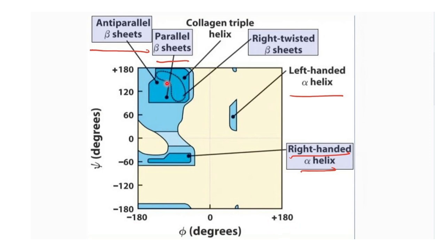You see that most of the antiparallel beta sheets are around this position, that is between plus 180 and around plus 90, and that is the psi angle, and for the phi angle it is between maybe minus 170 and around minus 60.